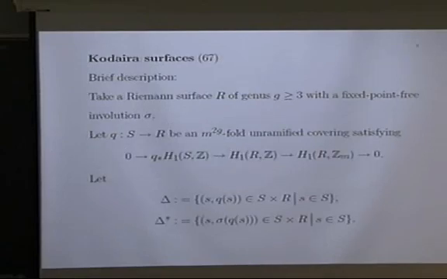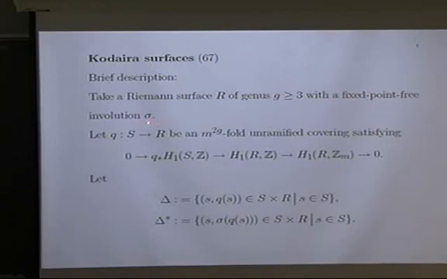The next possible source of examples of manifolds with negative curvature are these Kodaira surfaces, constructed by Kodaira in the 60s. Let me just recall the description of this Kodaira surface. You take a Riemann surface R of genus g, say bigger than or equal to 3, with a fixed point free involution sigma.